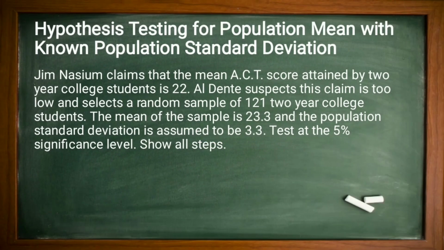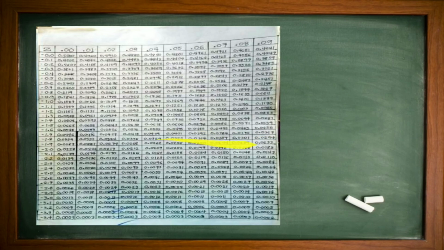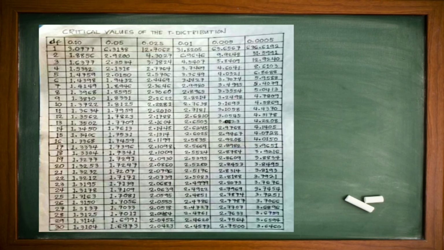Okay, wait lang po. Okay, so ito po yung ating critical values of the t-distribution. So, ang ating degrees of freedom is 13. So, ayan po. And then, yung nasa taas po, yun po yung ating alpha value.